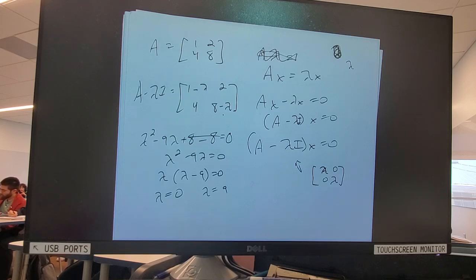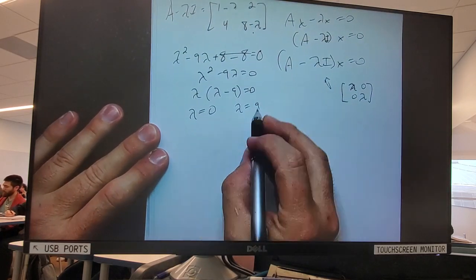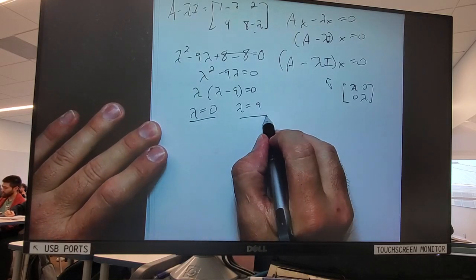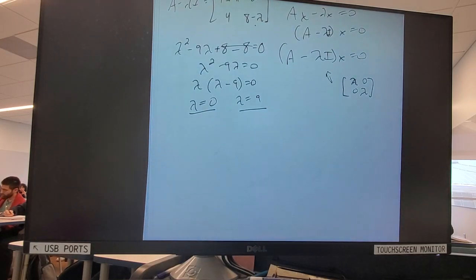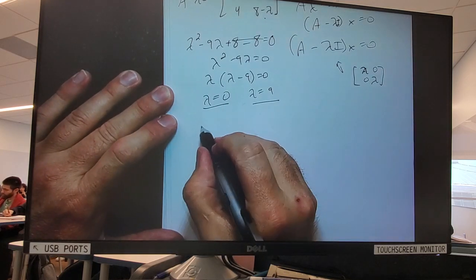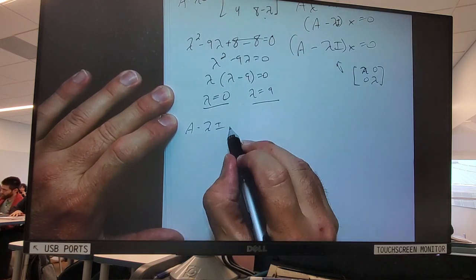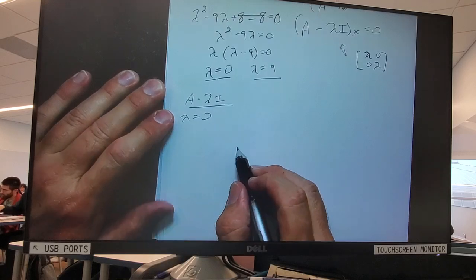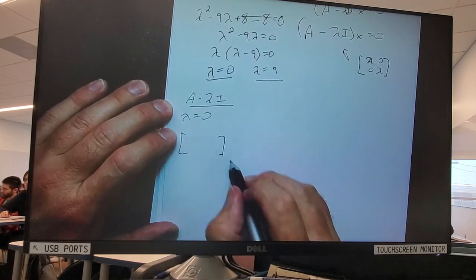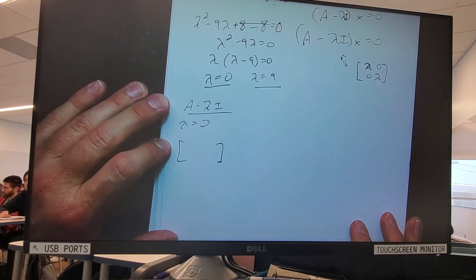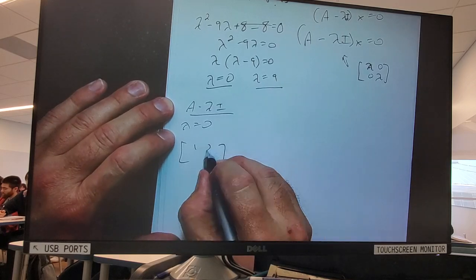So therefore A acts as if it's just 0, yes? That's interesting by itself because it's connecting to stuff we've done already. So here, once you get your 2 eigenvalues, you're about halfway through. Now you plug them back in. So what does this matrix become in the event that lambda equals 0? Then you just get 1, 2, 4, 8.